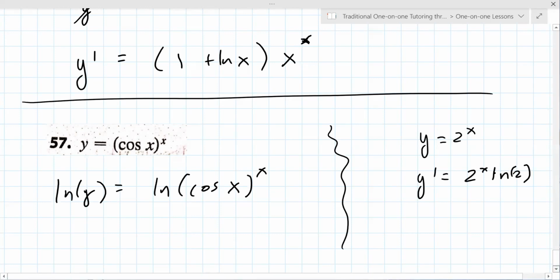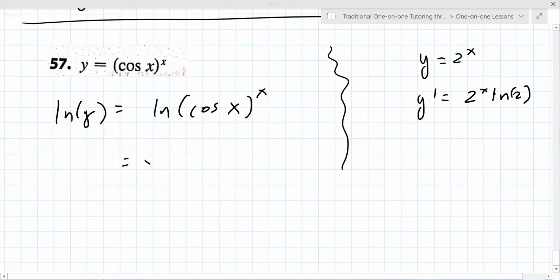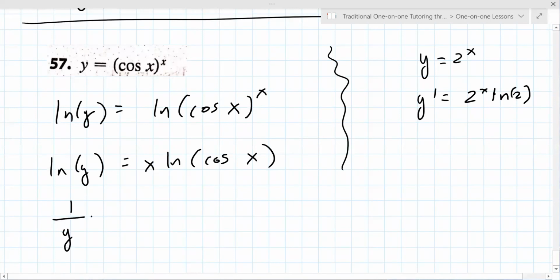Okay, so on the right-hand side, this becomes x natural log of cosine x. On the left-hand side, it's natural log of y. So on the left side, when you take the derivative, it's 1 over y times y prime or dy dx. The right side is almost always product rule.